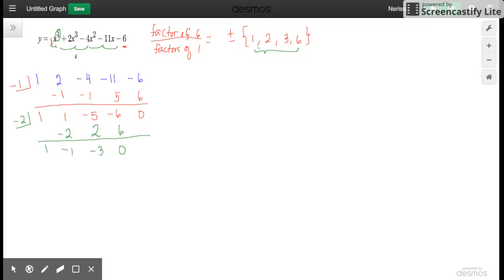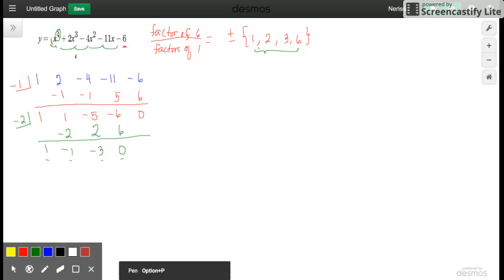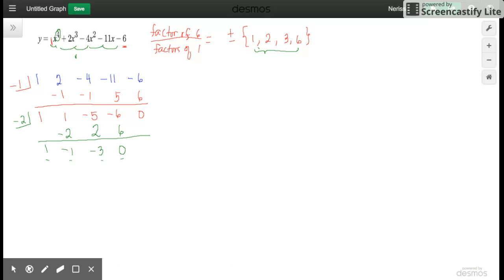Notice that here we have 0, negative 3, negative 1, and 1. We know that these are coefficients of a factor of y. Now, how does this factor look like? Well, this is the 0, so we'll say it's equal to 0.